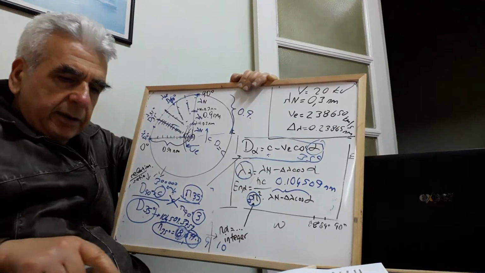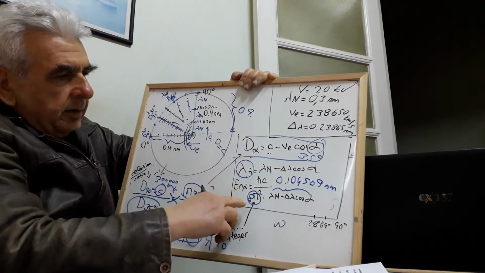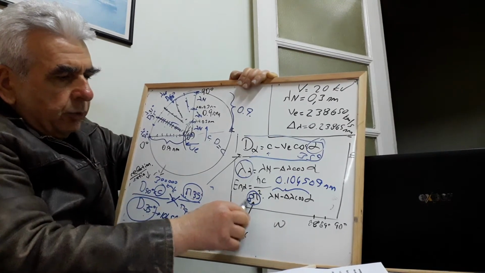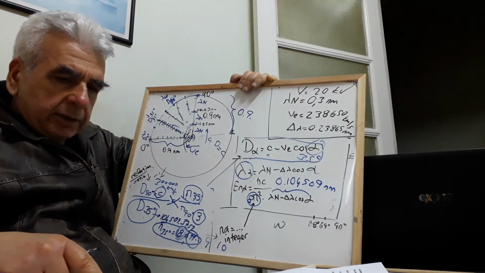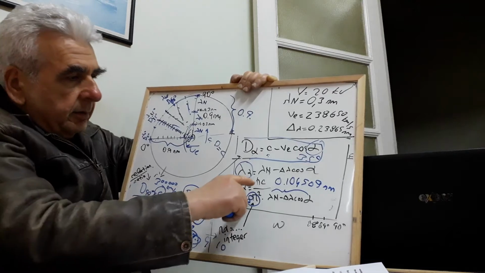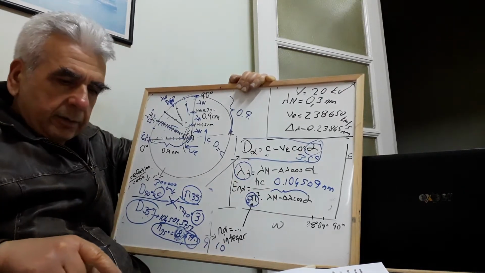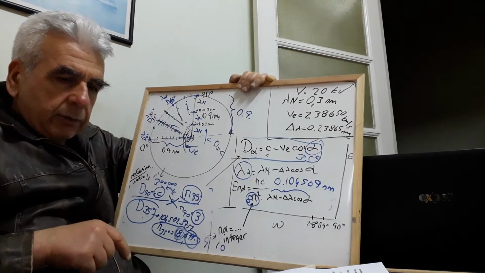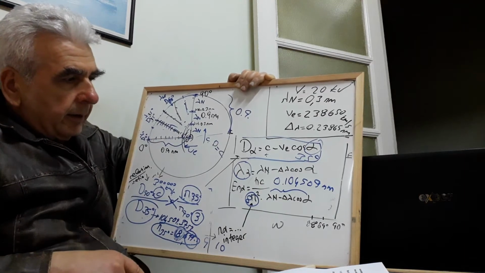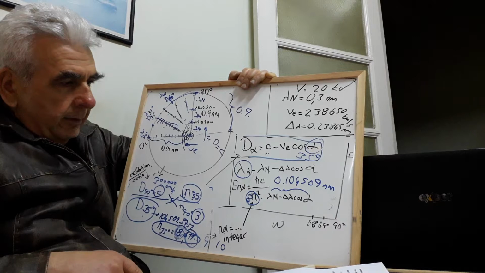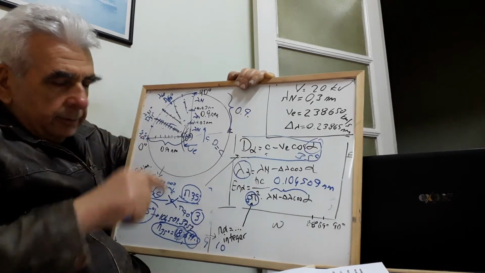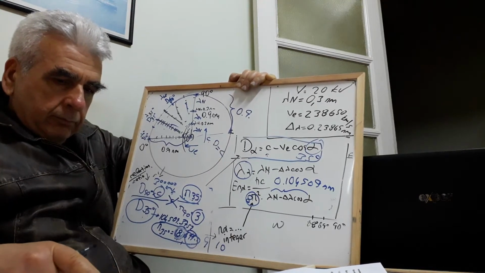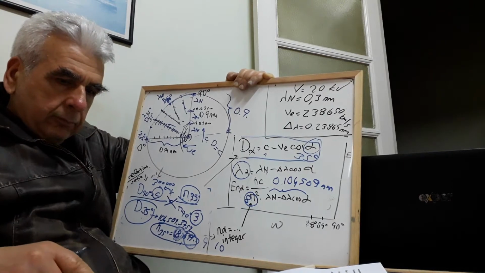Yes, h multiplied by c divided by what? H squared, 64 multiplied by lambda alpha, 0.104509 equal to here. Okay, wait a moment. Yes.